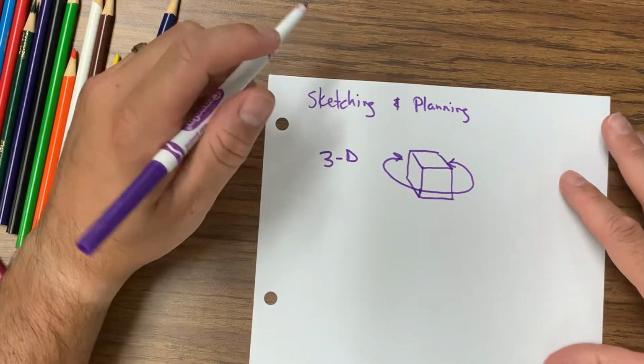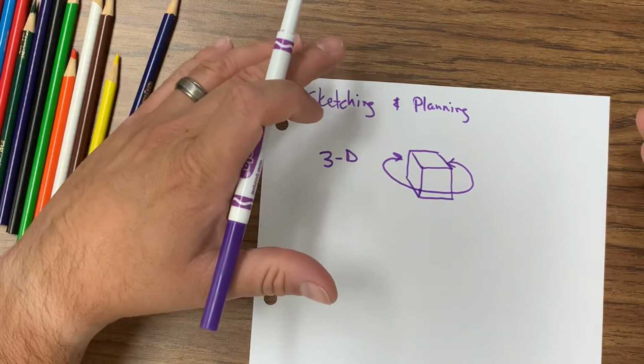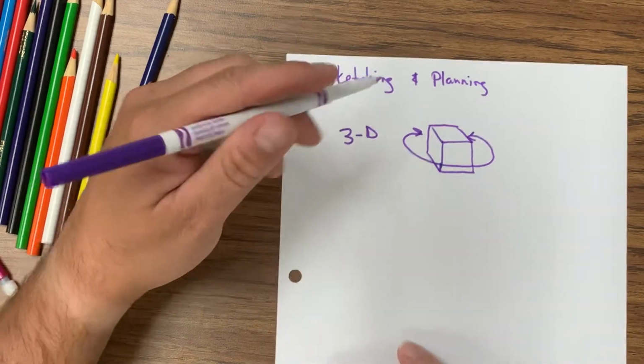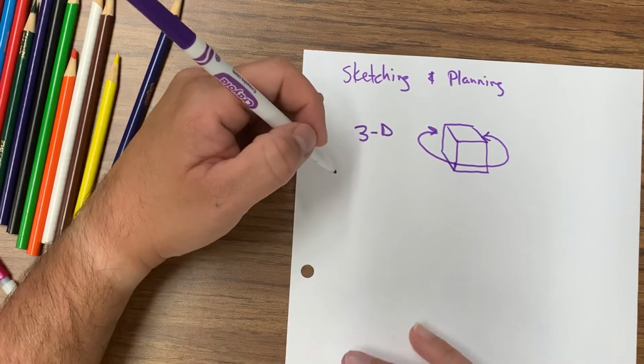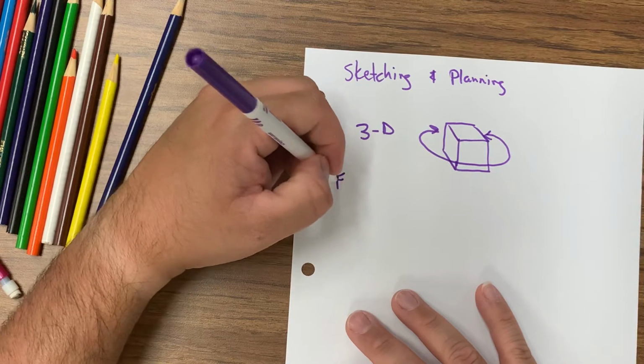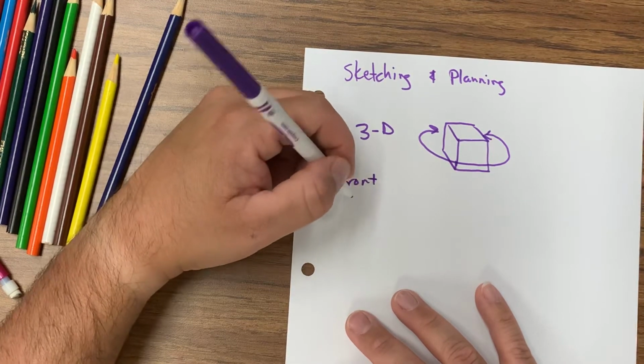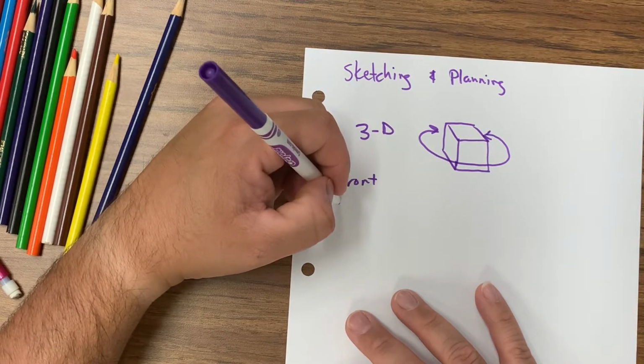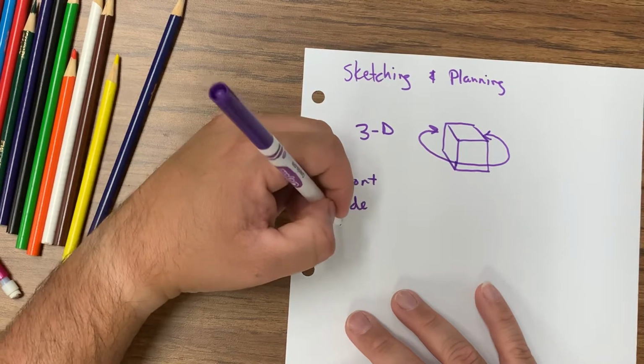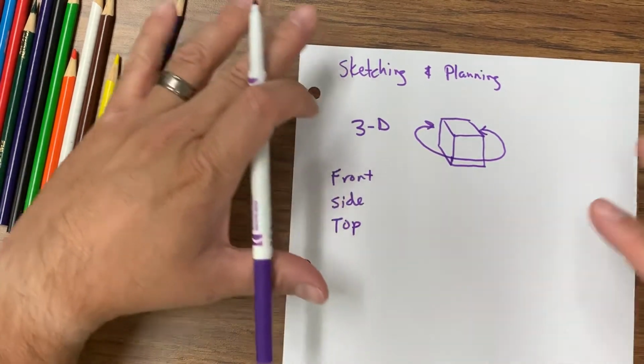So for the most part, when I'm sketching something out, I might look at putting different views on my paper, like a front view, depending on what it is, side view, top view of whatever it is that I'm going to draw.